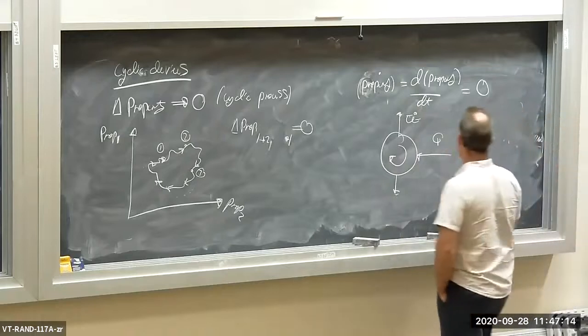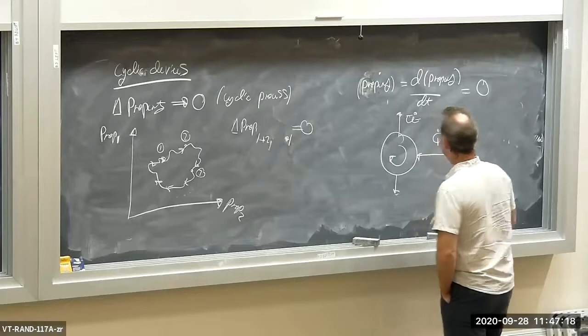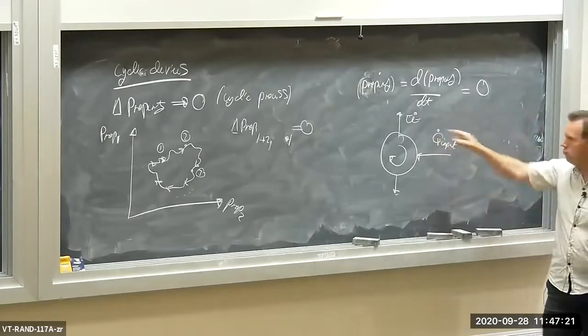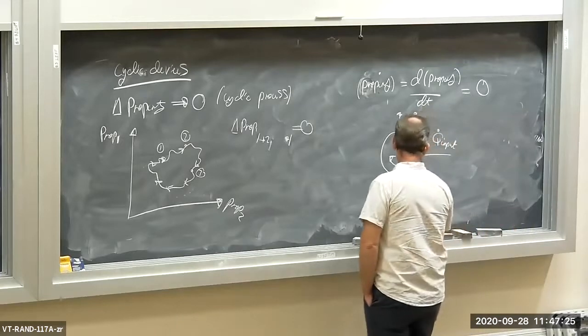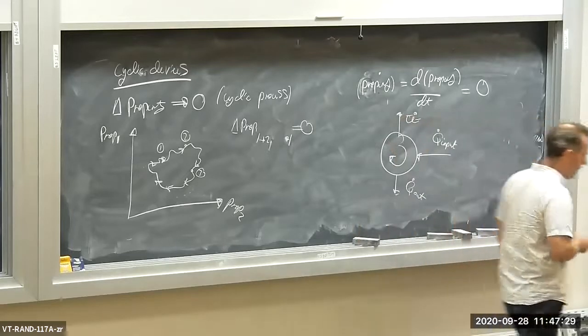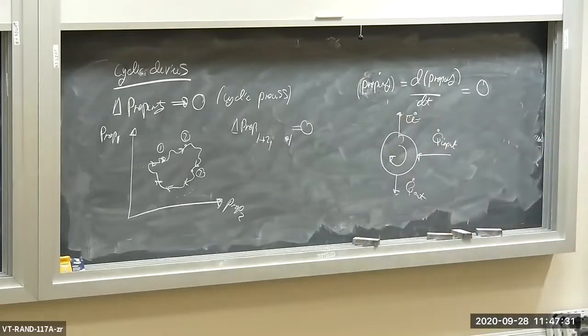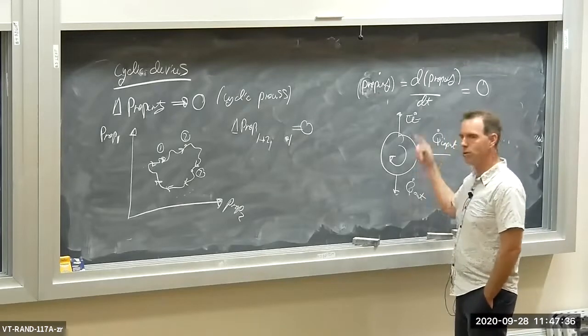So this heat might be a heat input, Q dot. Receive a certain amount of heat, produce a certain amount of work, and reject or output a certain amount of heat. This would be a heat engine. A heat engine is a device that takes heat and produces work.